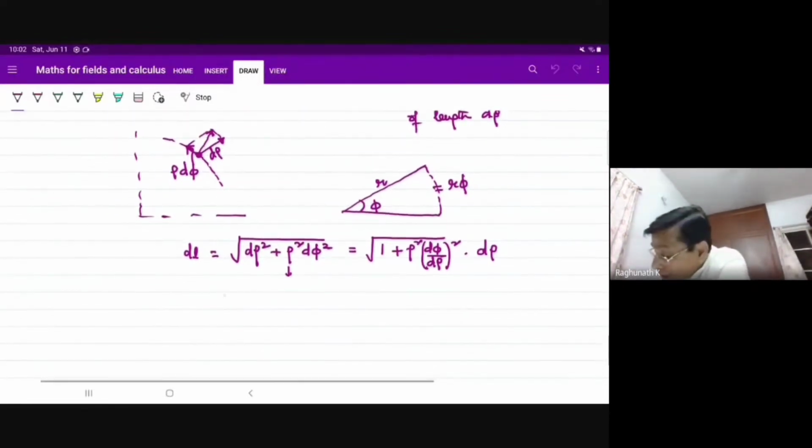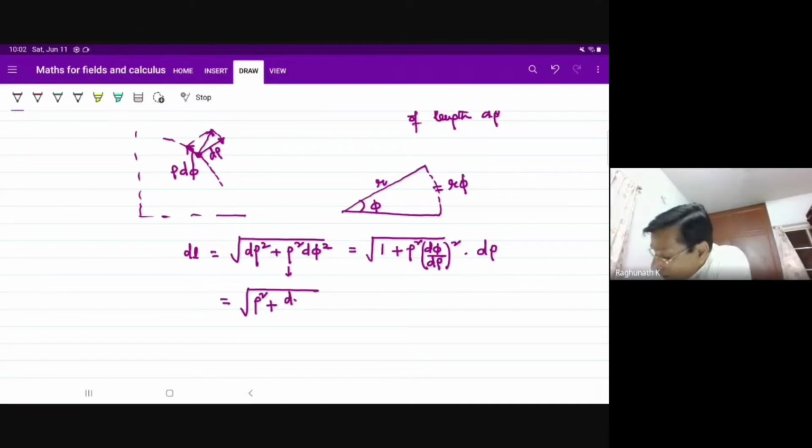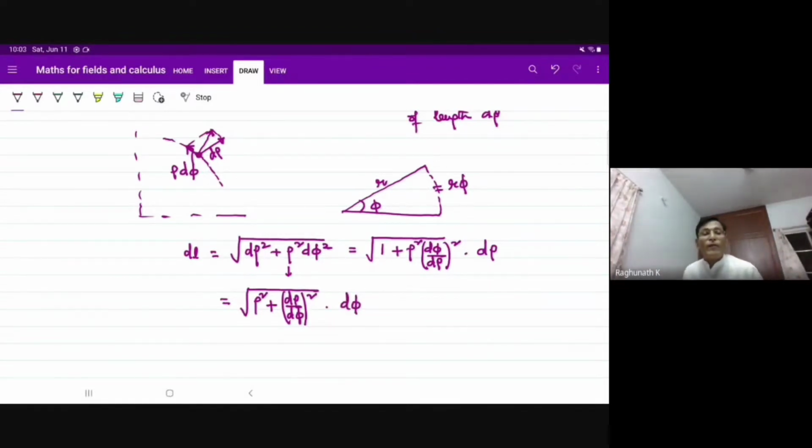Or the same thing can be root of rho squared plus d rho by d phi whole squared, times d phi. There are a limited number of cases where we do that, but we have to do this to understand at least this.